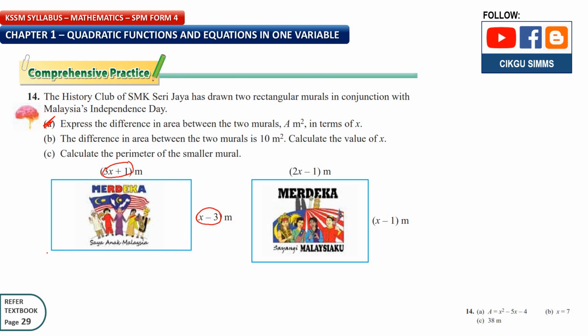The area for the first one is 3x plus 1 times x minus 3. So we can expand them. Okay, and this is the first mural, and then the second one is this.